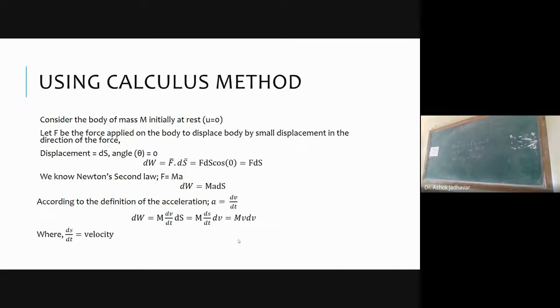Okay. Now let us look at the definition of acceleration. We know acceleration is given as a is equal to dv by dt. I can substitute this value of acceleration in the equation of work done. So what will I get here?